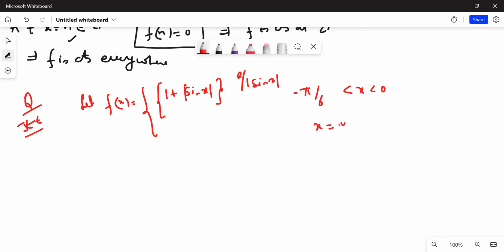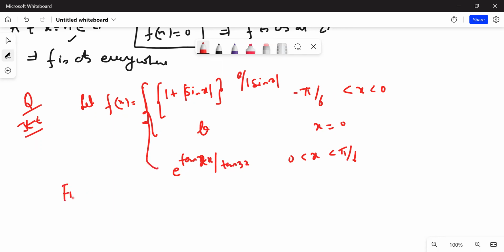At x equal to 0, it is simply equal to b, and for x greater than 0 and less than pi by 6, this is equal to e to the power of tan 2x divided by tan 3x.